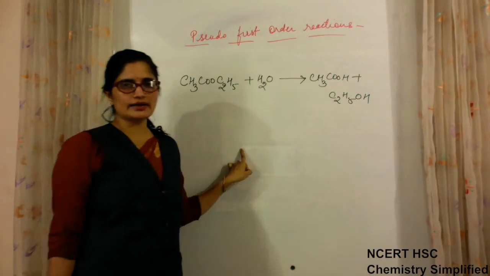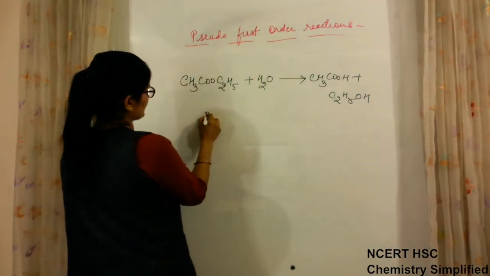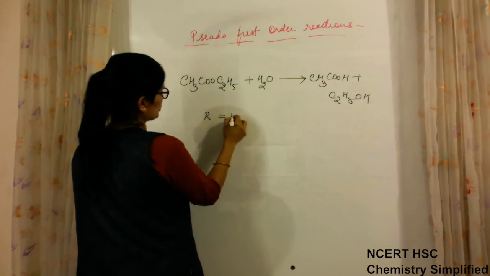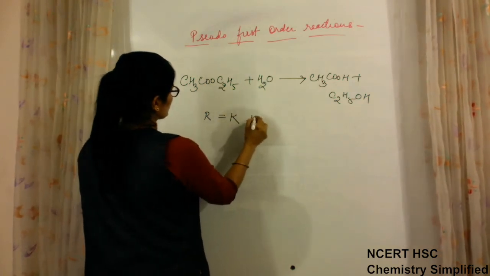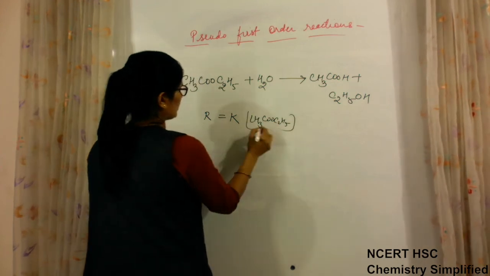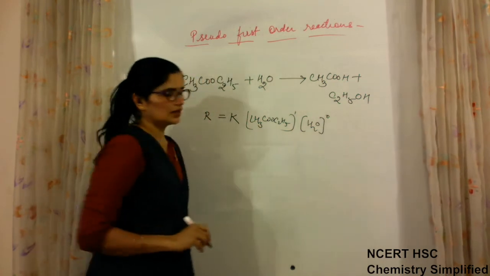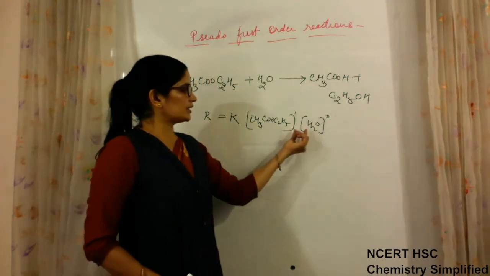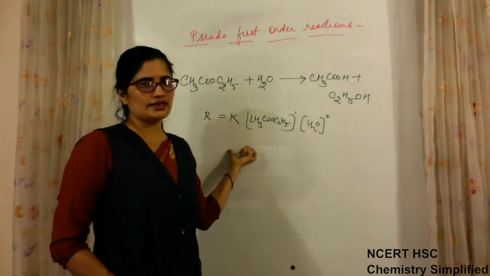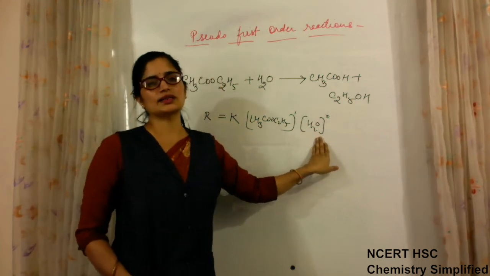This reaction I had written yesterday also, and I told that the rate law for this reaction is rate equal to K [CH3COOC2H5] raised to power 1 and [H2O] raised to power 0. That means the rate of reaction is not affected by the change in concentration of water in this reaction.